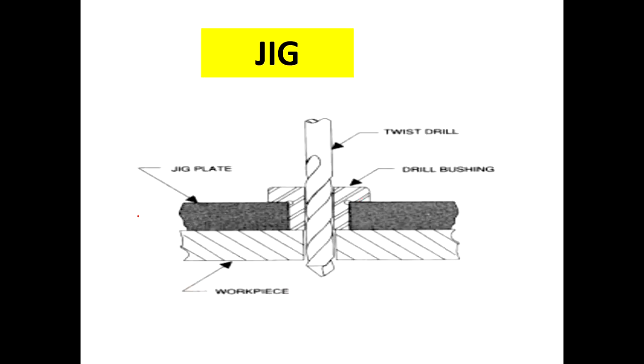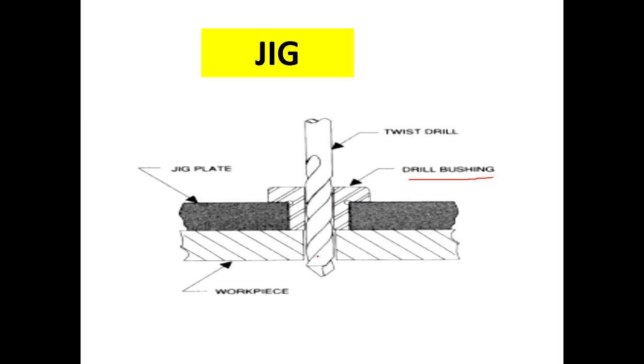This is again the basic jig. This is the workpiece, in which we are doing a drilling operation. Then we are using a bushing to guide the tool into the workpiece. So the tool will first pass through the bush. So this is the bush. First the drill will pass through the bush and then it will come in contact with the workpiece.